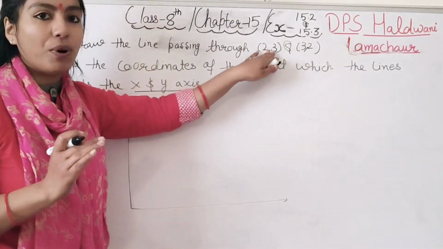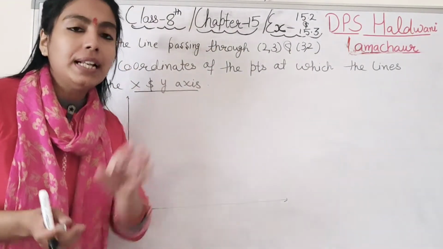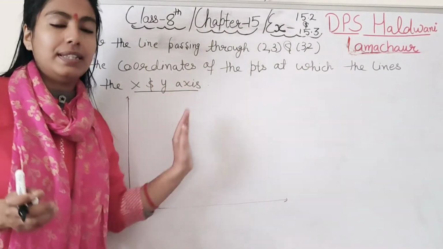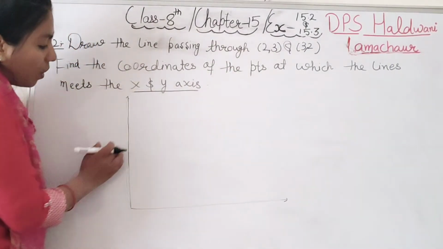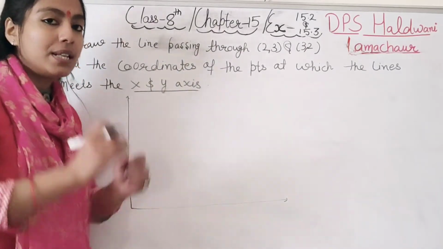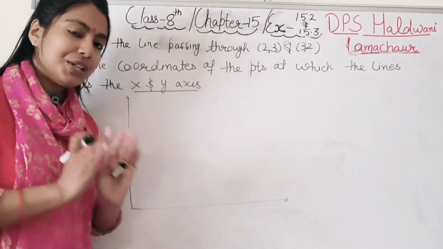After making these points, you have to extend the line and tell at what points the line meets the axes, the coordinates along the x-axis and along the y-axis. Getting my point, students? So let's start.